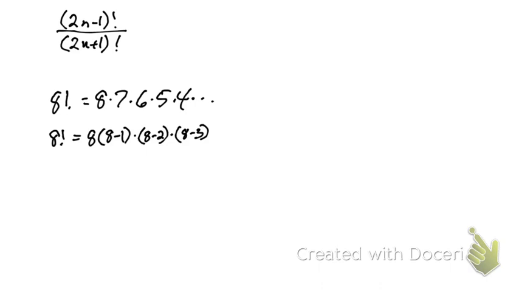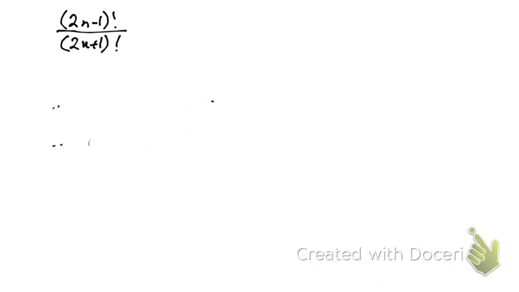So if I look at my numerator, my numerator isn't actually going to help me, but I can rewrite 2n minus 1 factorial as 2n minus 1 times 2n minus 2, because to get to my next step, I just subtract 1 from it.